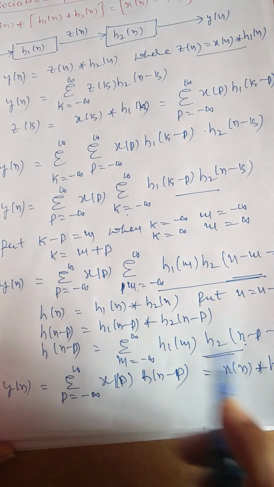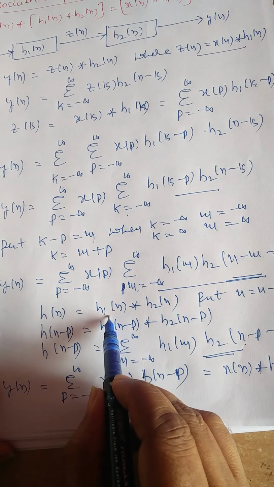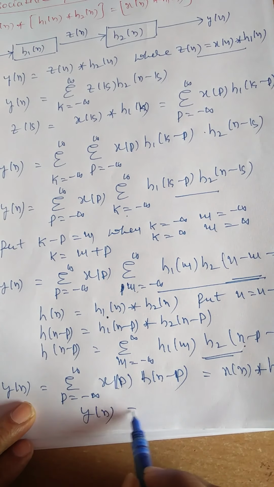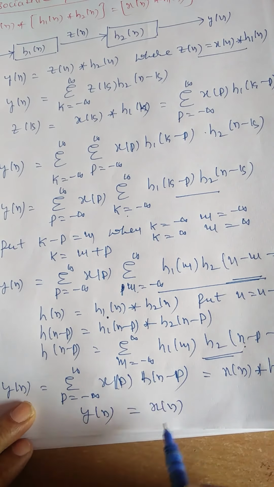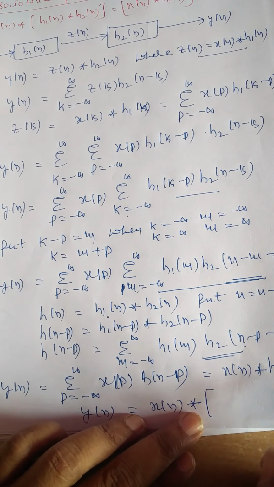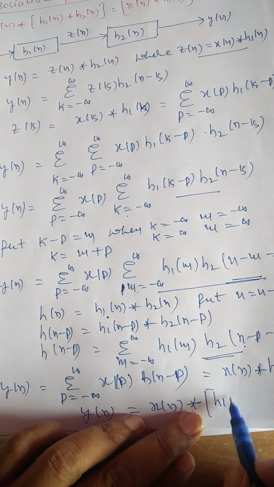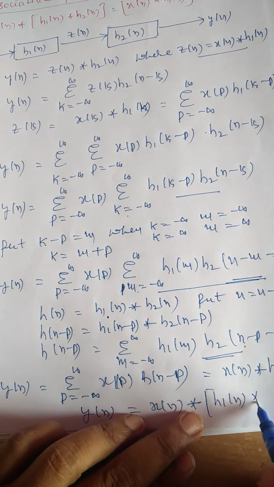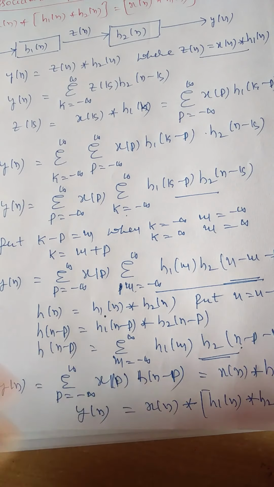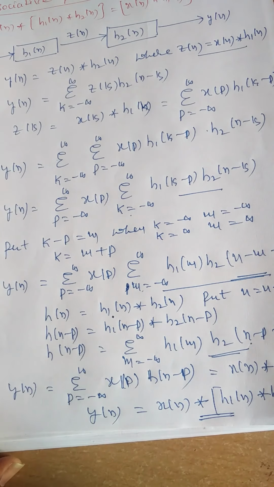But what is h of n for us? H of n is h1 of n linearly convolved with h2 of n. Then I can write that y of n equals x of n that is linearly convolved with h of n, where h of n is h1 of n that is linearly convolved with h2 of n. Okay, this is the proof. Thank you.